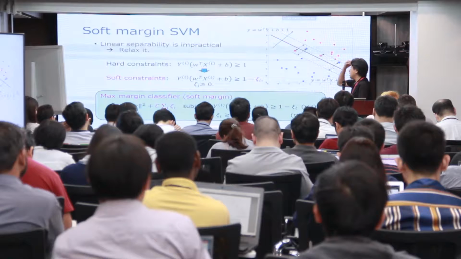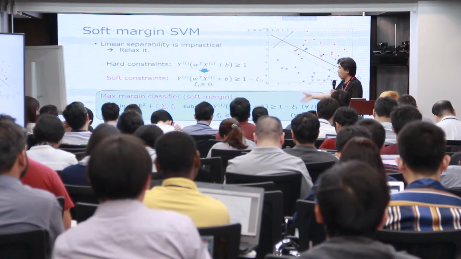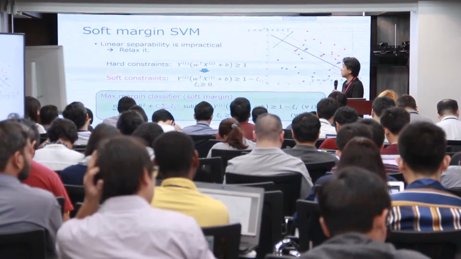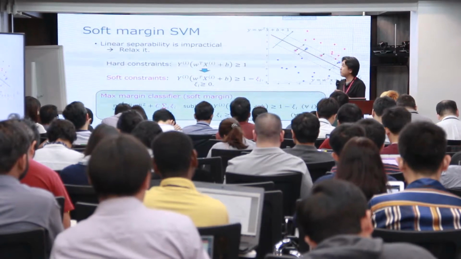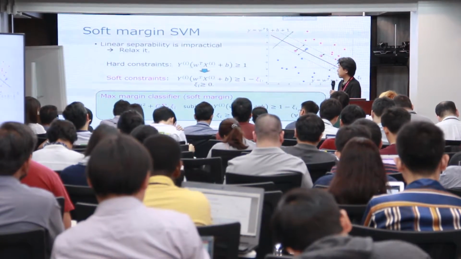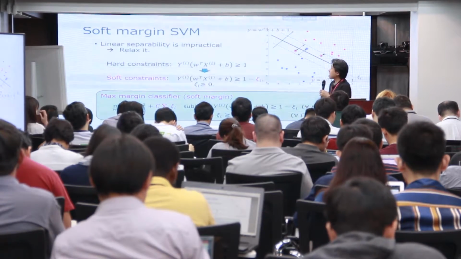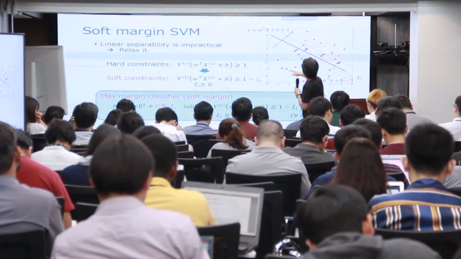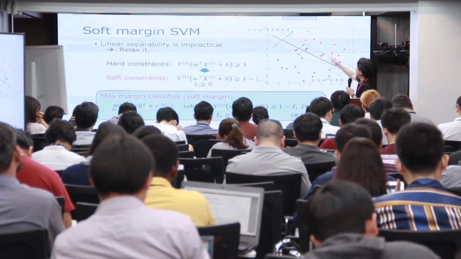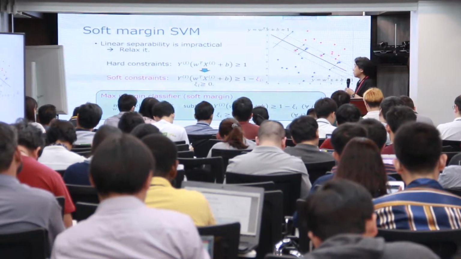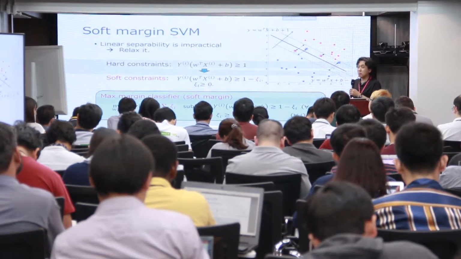In the original paper of the support vector machine, they considered how to relax this condition, and that is called the soft margin support vector machine. Instead of requiring that all the points are separated by these two hyperplanes, we allow that some points may break this constraint.